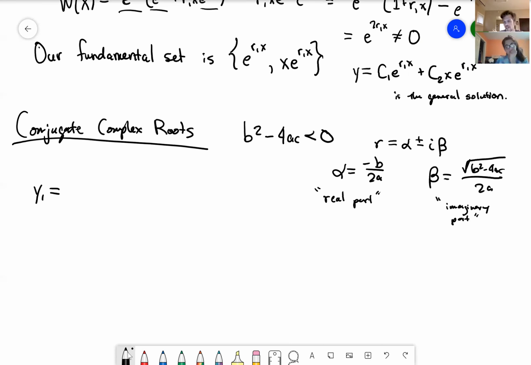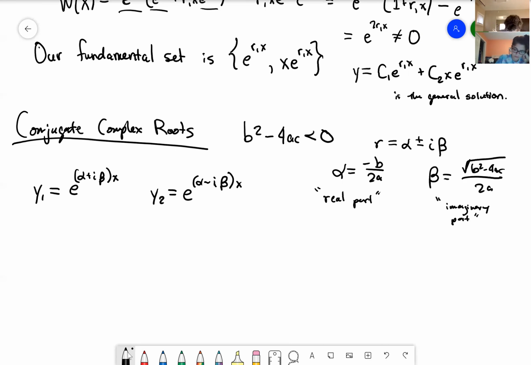Okay, so we could say that we have a couple of solutions, and we could do it just like we were doing it in the distinct real case. y1 is equal to e to the alpha plus i beta x, and y2 is equal to e to the alpha minus i beta x. So when we have two complex numbers that only differ by switching that sign, we're adding or subtracting the real and imaginary parts.